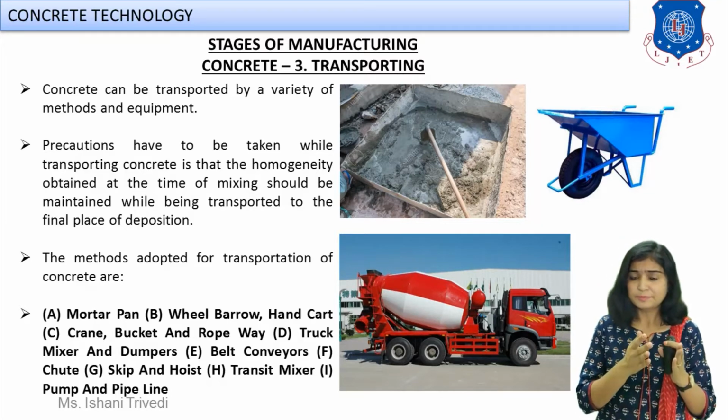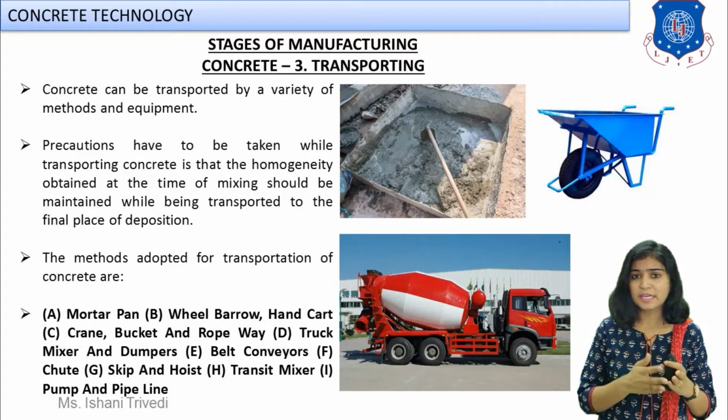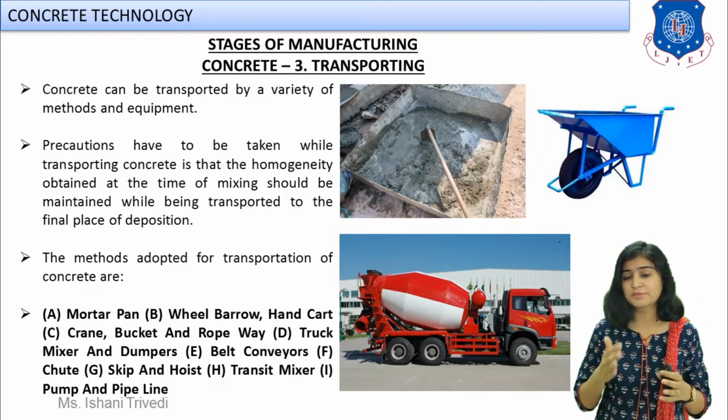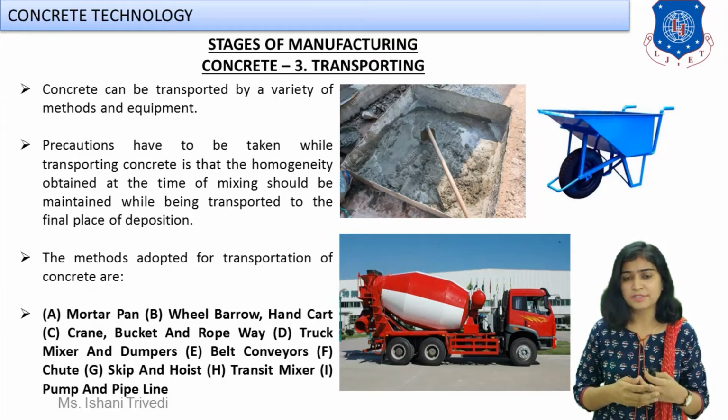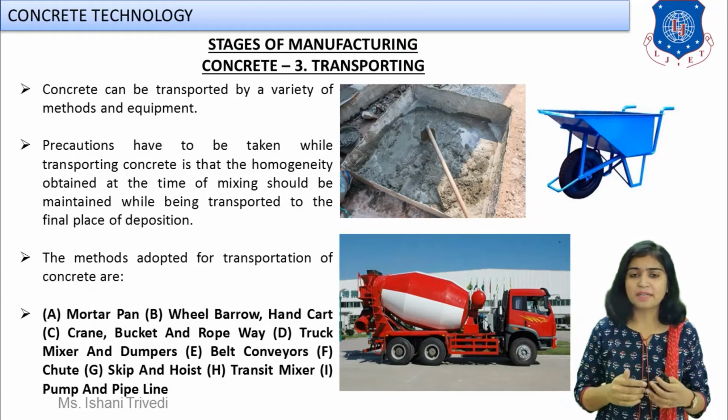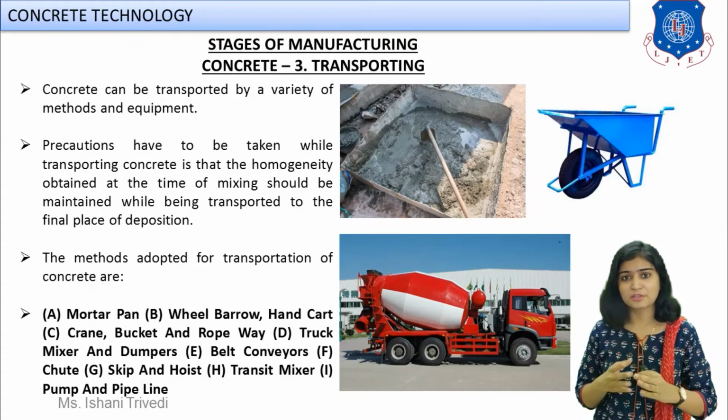If the manufacturing is done at the ground floor and you have to go to the upper stories for placing the concrete, or it may be at a certain distance, which happens in almost all cases, you will have to transport the concrete.